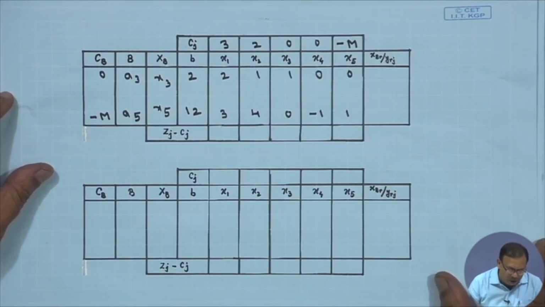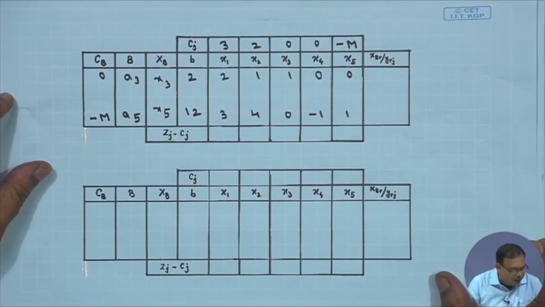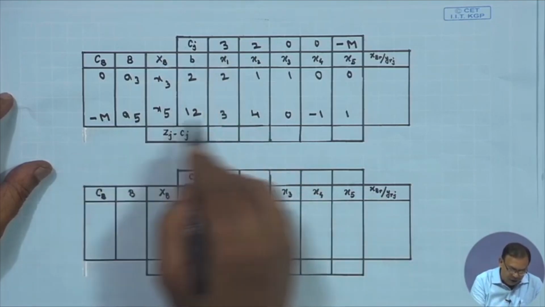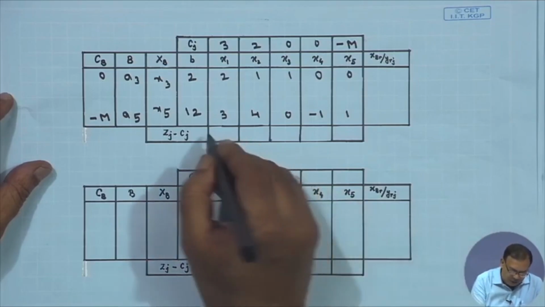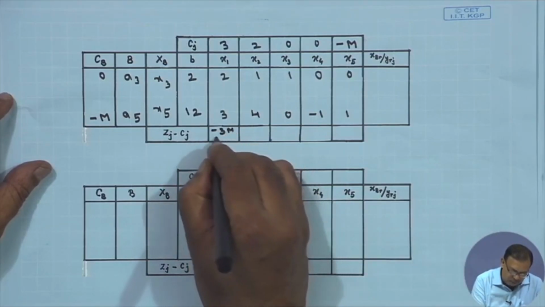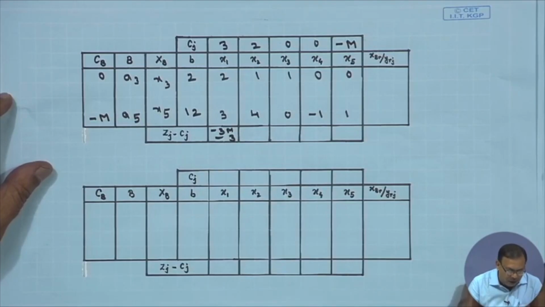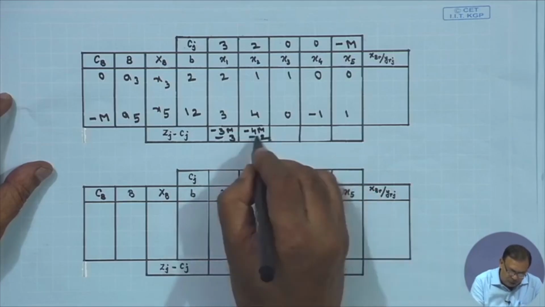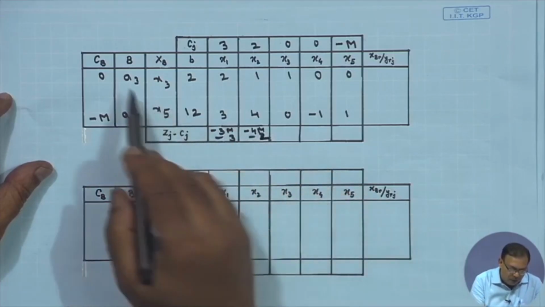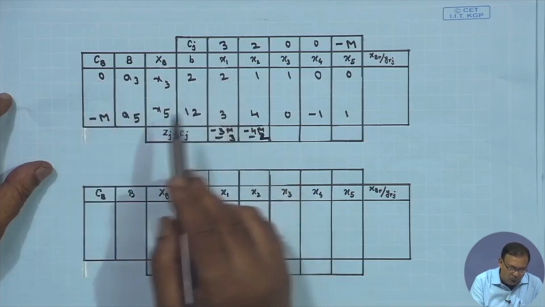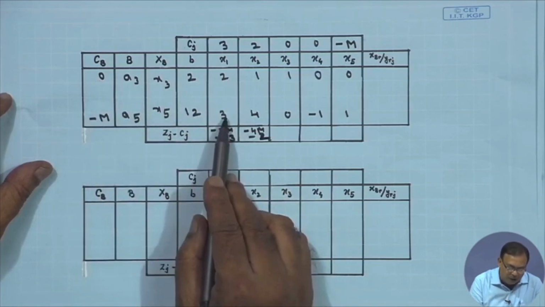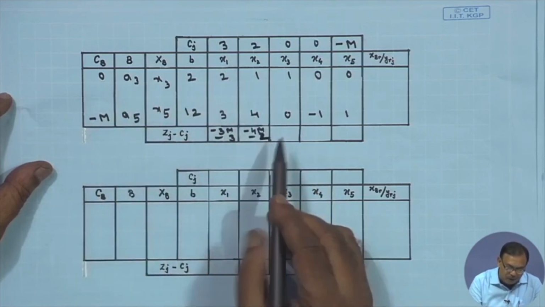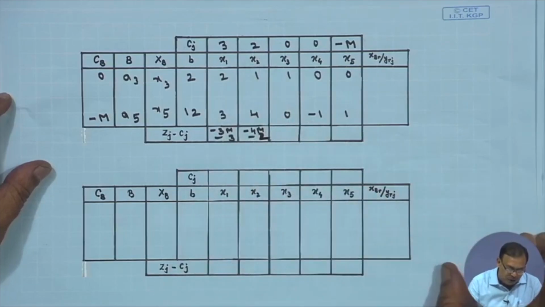For this particular problem it will be minus 3 m minus 3, that is 0 into 2 plus minus m into 3, giving minus 3 m minus 3. Next one, 0 into 1 plus minus m into 4 minus 2, so minus 4 m minus 2.